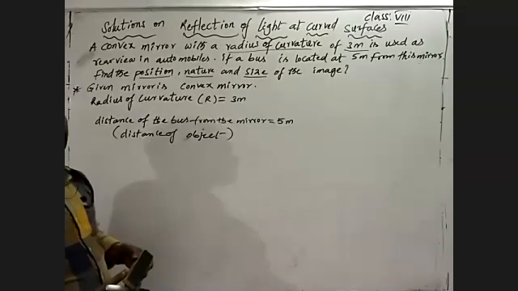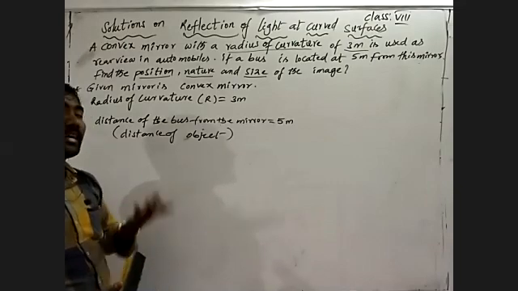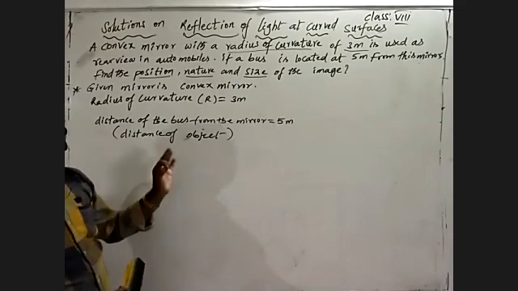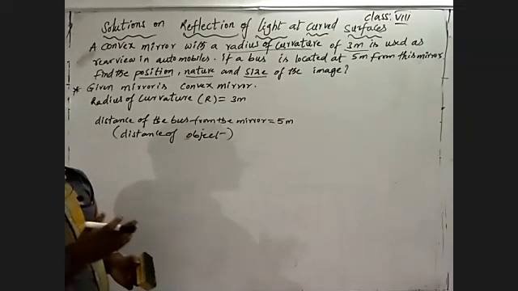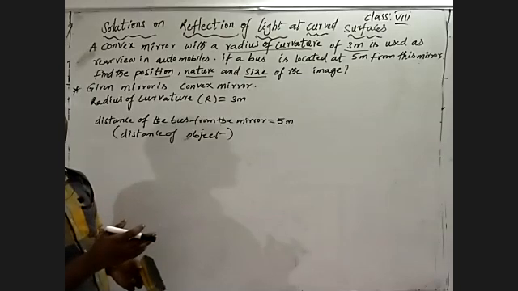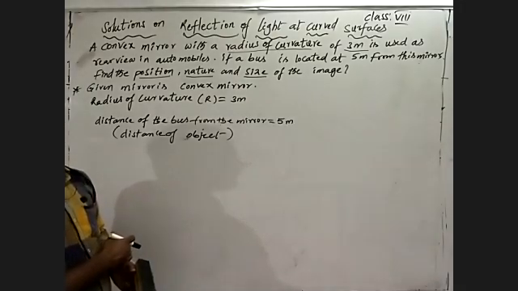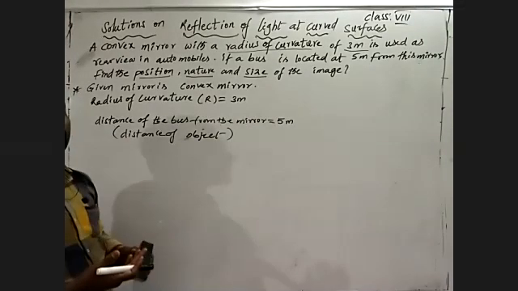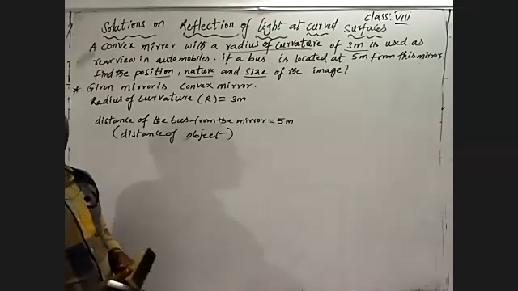And size means magnification: by what size the size of the bus is decreased or increased. In that mirror, at what distance the bus image is forming and what is its size, whether increased or decreased compared to the real bus.